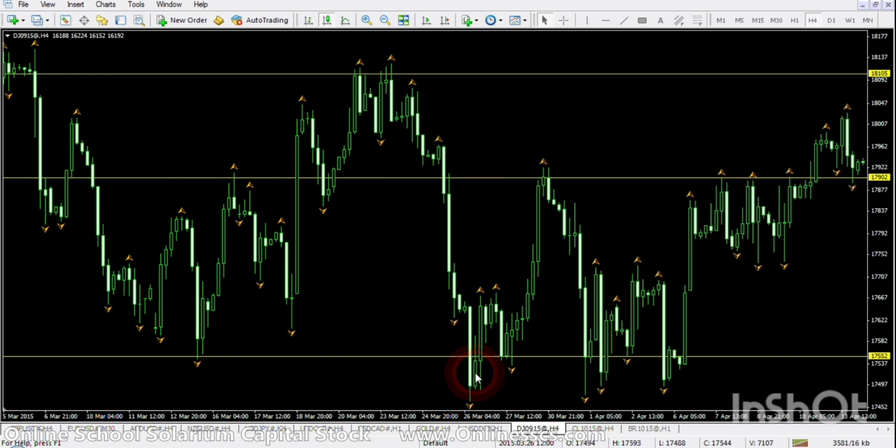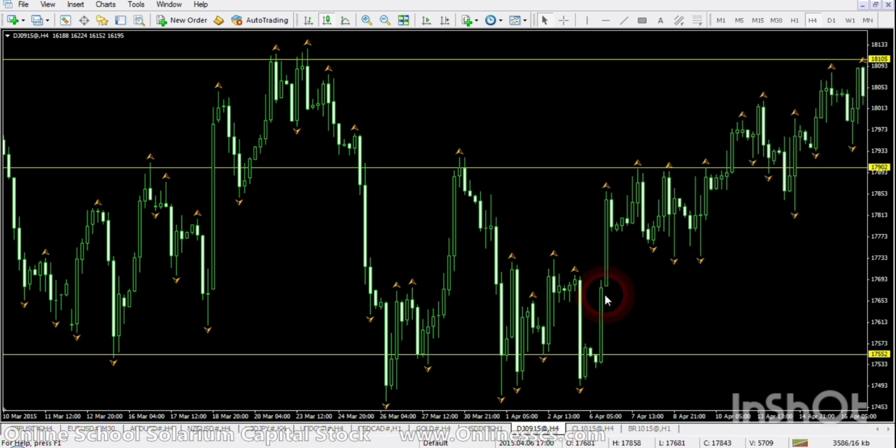Like here also there's an upwards increase in price. It's in the belly of the last candle. Or here, I've got an increase in price, and then it got finished in the belly of the last candle.